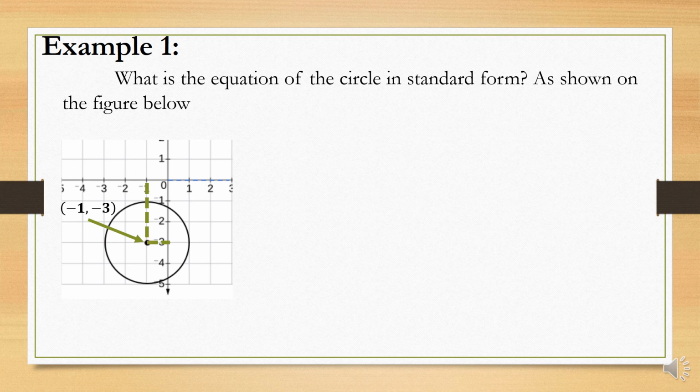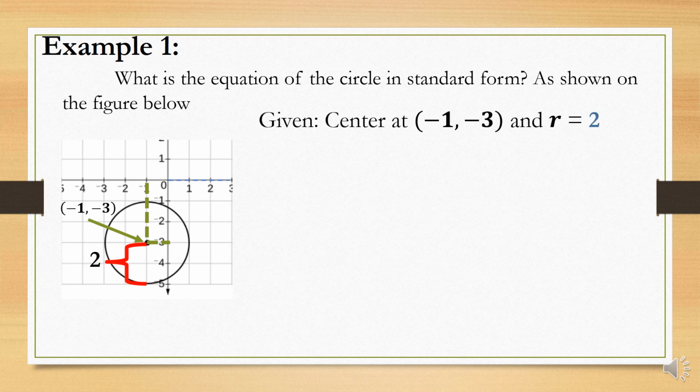So, pwede natin gamitin ito hanggang dito or ito at ito. From the center to this point on the circle is 2 units because you have 1 and 2. So the given center is at negative 1, negative 3, and the radius is 2 units.